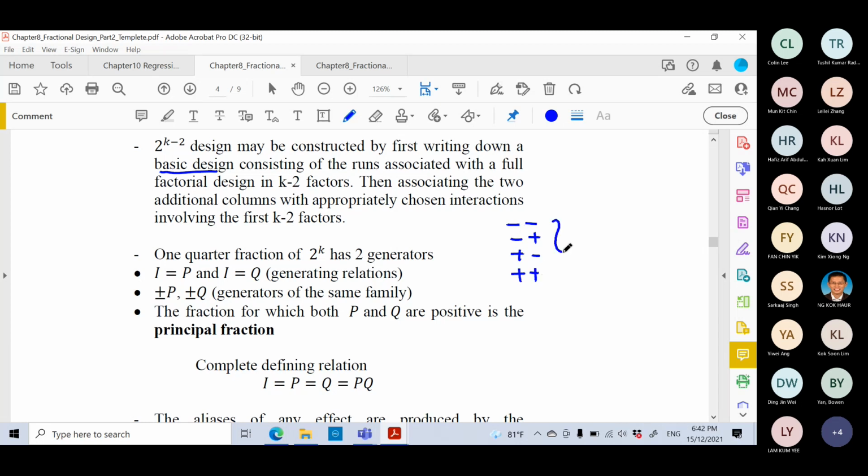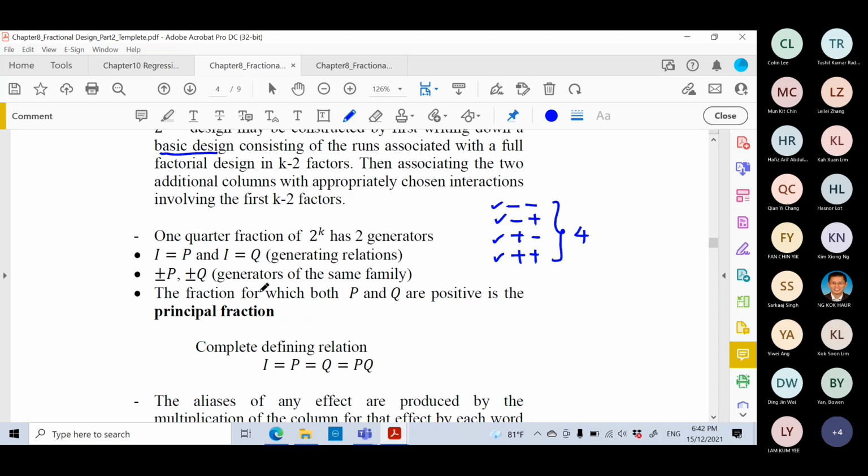Here are the 4 of them, and you only run 1/4 of them: either the first, the second, the third, or the fourth one. That is why you run the 1/4 here. The fraction with both P and Q positive is called the principal fraction.